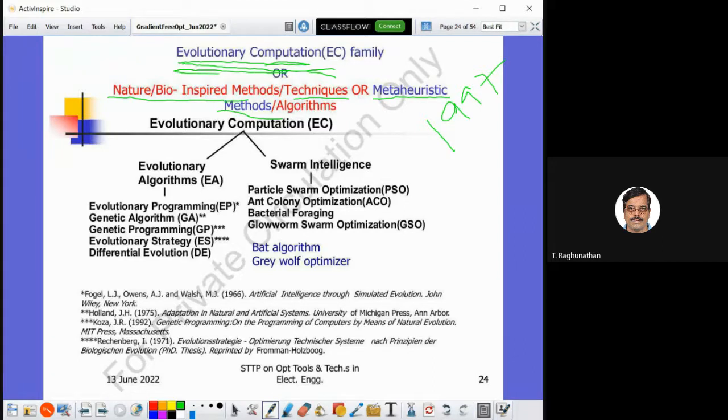At that time, like I told you, my sister was a PhD student, I was an MTech student. Evolutionary computation itself had two main branches. Nowadays, there are more branches, using mainly evolutionary algorithms and swarm intelligence.